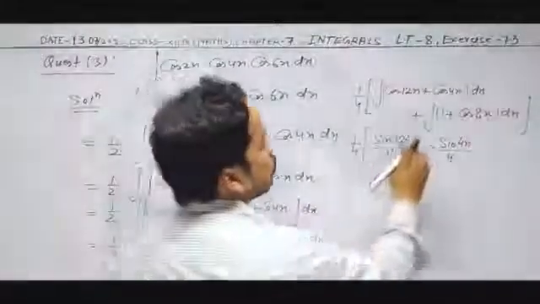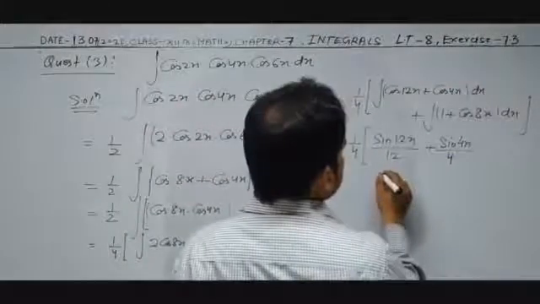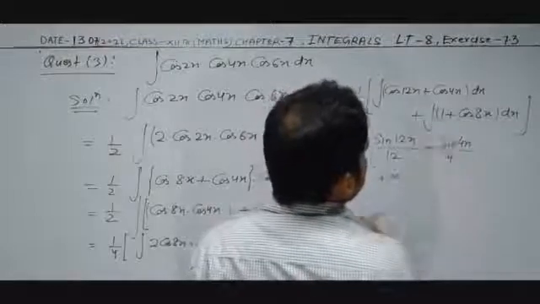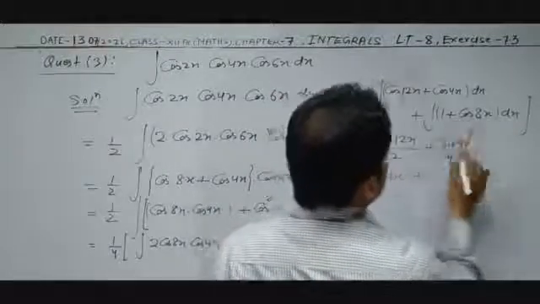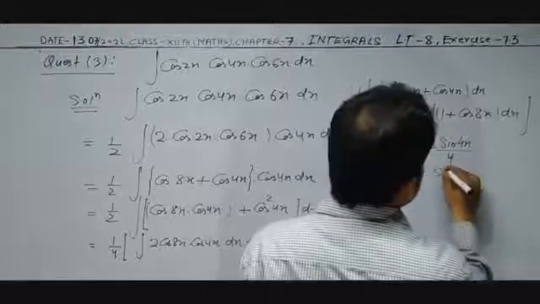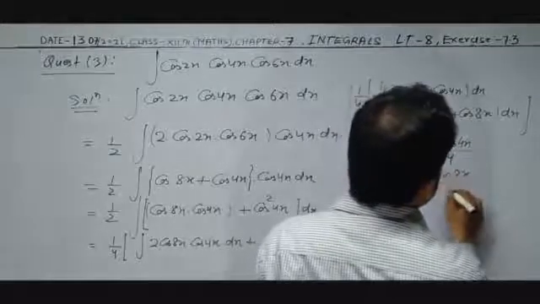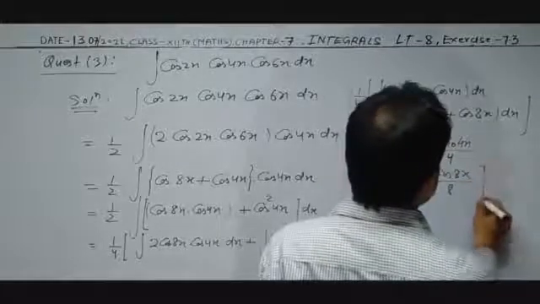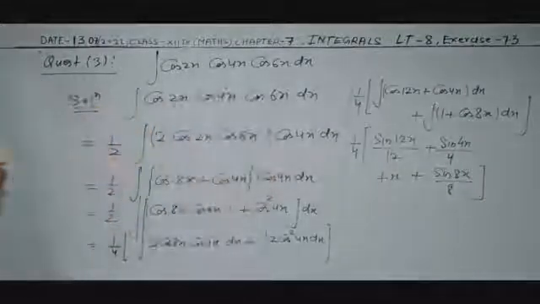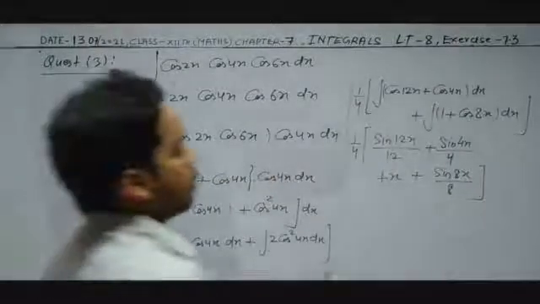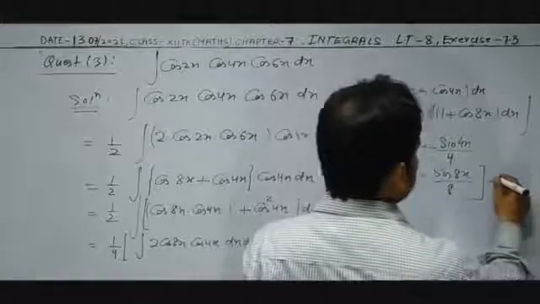The integration of 1 dx is x. Now cos 8x gives sin 8x by 8. Now the bracket is closed, and we write the constant of integration, plus c.